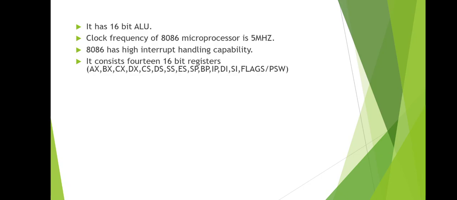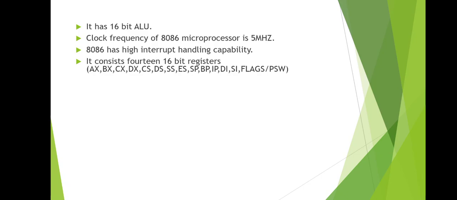Here AX, BX, CX, DX are those four general purpose registers, and CS, DS, SS, ES are all the special purpose registers. And here SP is a stack pointer, BP is base pointer, IP is instruction pointer, DI and SI are index registers. Here DI is destination index and SI is source index register. And flags.